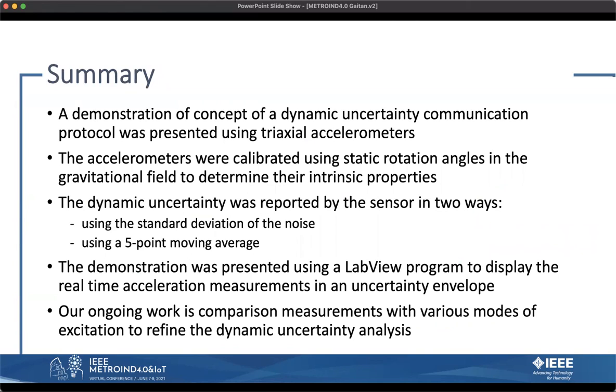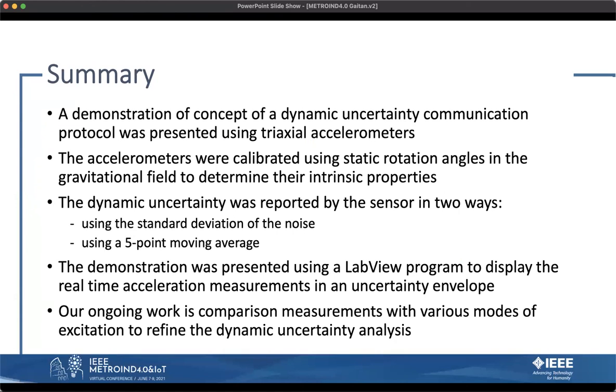So to summarize this report, we provided this demonstration of concept of a dynamic uncertainty communication protocol. And we demonstrated the idea using triaxial accelerometers. We calibrated these accelerometers using static rotation angles, which we call the intrinsic properties calibration, in the gravitational field.